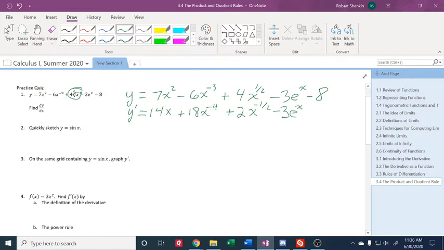And the constant just stays out front. Derivative of a constant times a function is a constant times the derivative of the function. The derivative of minus 8 is 0, so we don't have to write anything there. So this would be dy dx or y prime. Either means the derivative. And give me some quick feedback on this.